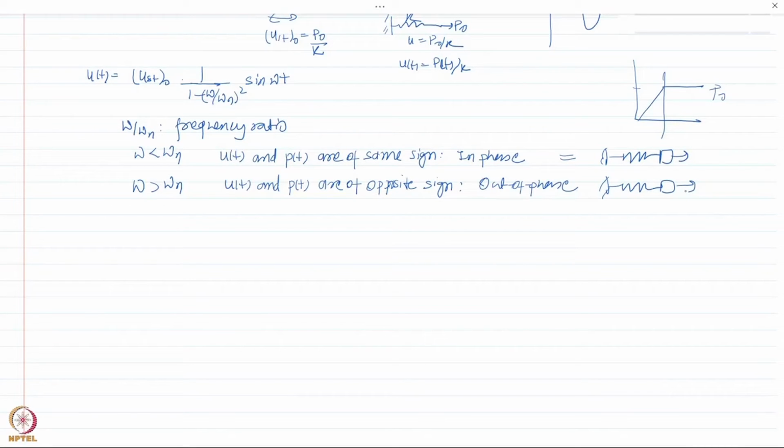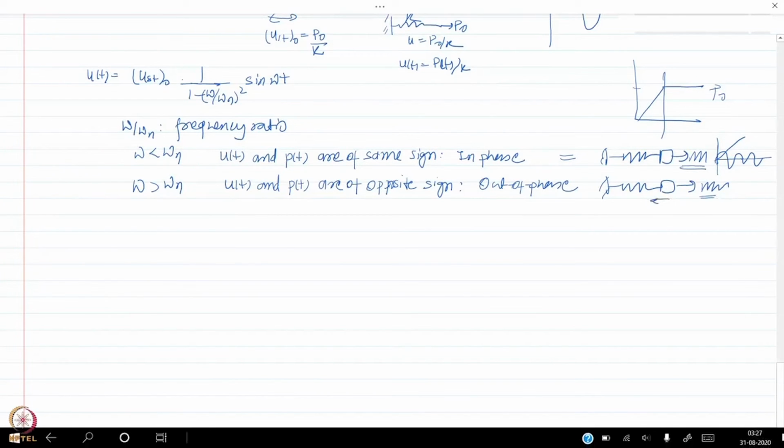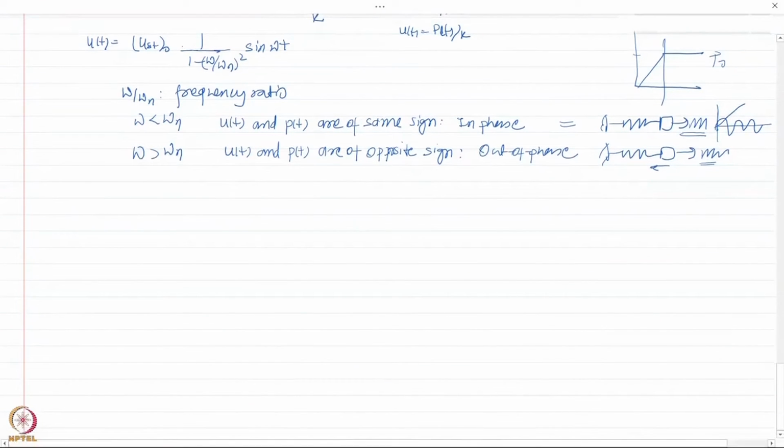Remember that we are not considering a monotonic load here, we are considering a sinusoidal load. So depending upon the ratio omega by omega n, once the motion is started and I'm providing this vibrational motion, it might not be in the same direction at any time instant as the applied force. If my force is positive, it might be moving in the negative direction, and that depends on the ratio of omega by omega n.